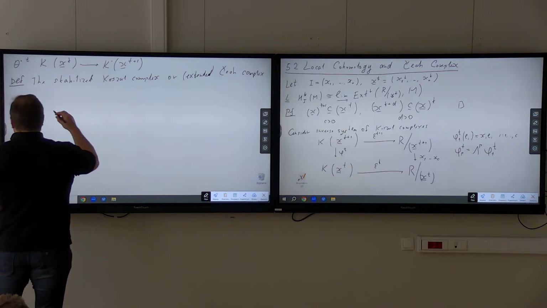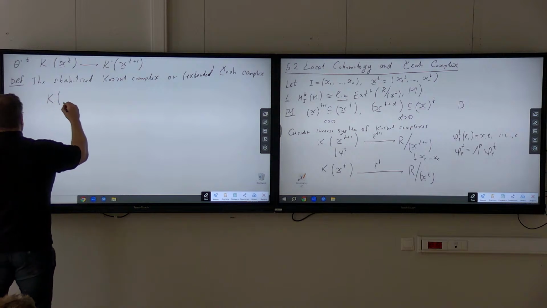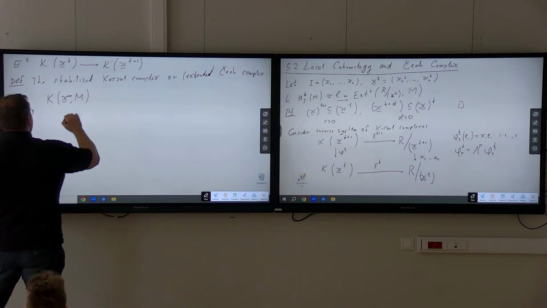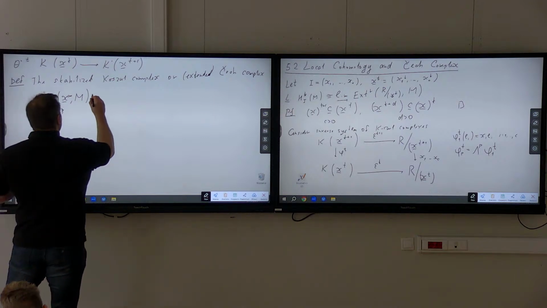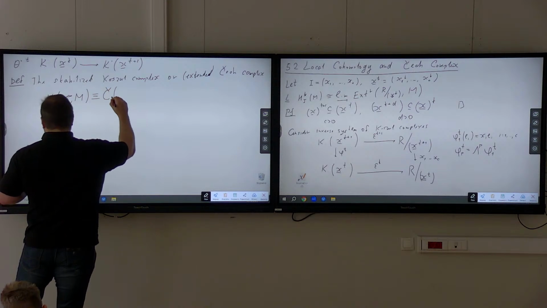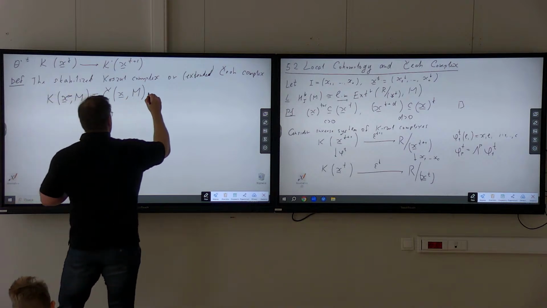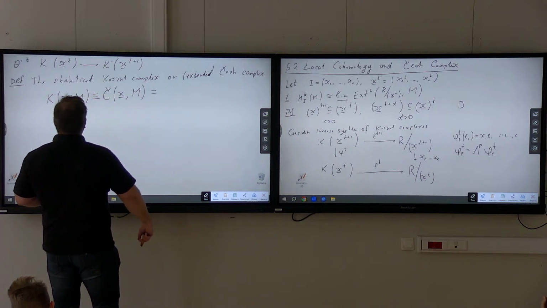If you want to call this the stabilized Koszul complex, the first notation is preferable: x to the infinity, and the second argument is some module M. If you want to use Czech notation, you just write C with the standard check mark for the sequence, and the module M. But doesn't matter which notation you prefer, I am going to use mostly the first notation.